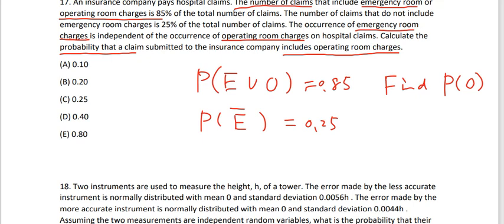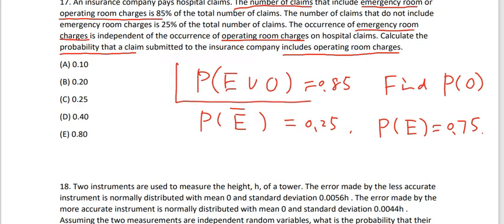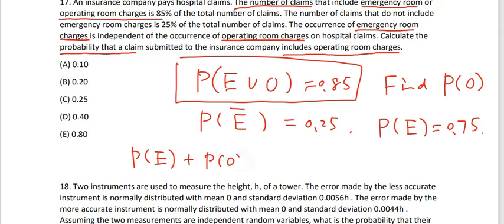If PE bar equals 25, we know PE equals 75, right? So we just plug in here. So P of E or O equals PE plus PO minus P of E and O, right?